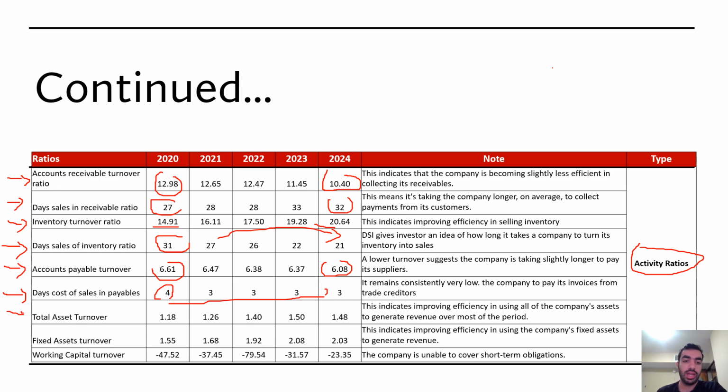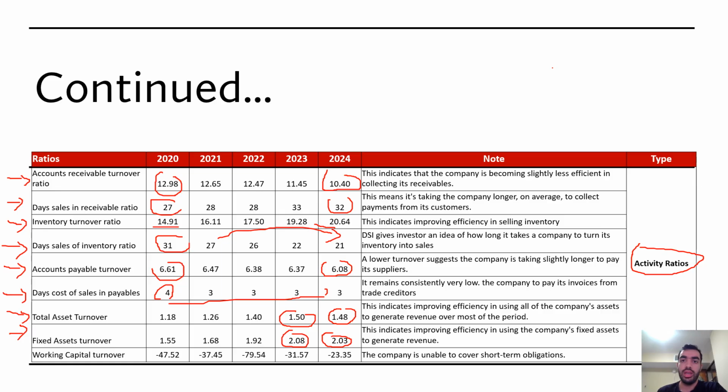Look at total asset turnover. As we see, in 2023 it peaks at 1.5 before a slight drop to 1.48 in 2024. So it shows generally improving asset utilization. And the fixed asset turnover is increasing steadily to 2.08 in 2023 before a minor decline in 2024.